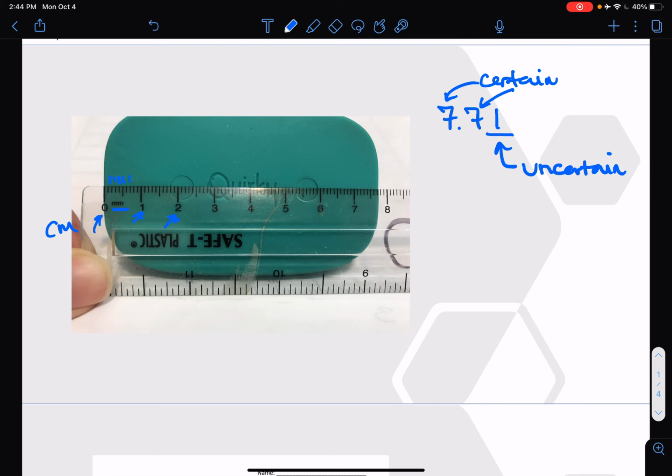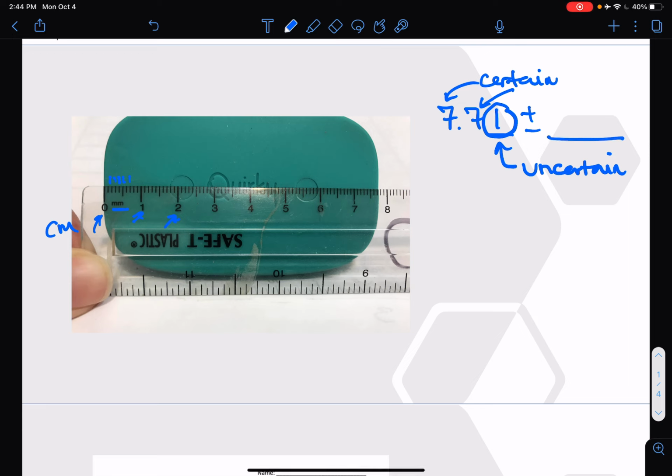Now, when we're talking about level of precision or uncertainty in measurement, we're saying right here is our uncertain digit. Now, how certain of that are you? And so how we indicate that is with the plus or minus symbol, and then we write something here.